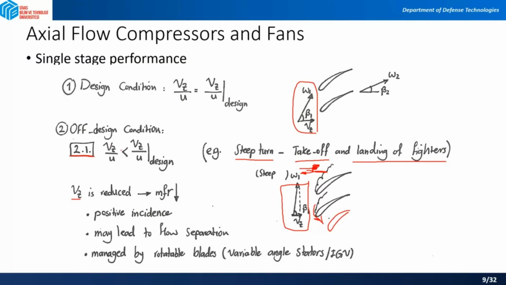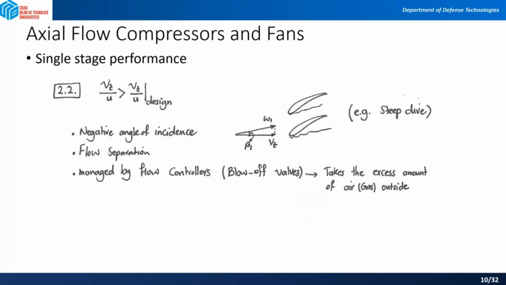The second is when your Vz is increased. So when Vz over U is greater than the design value, what happens in this case? In this case, you can see that it is not steep anymore. So actually, it is happening in steep dive maneuvers.